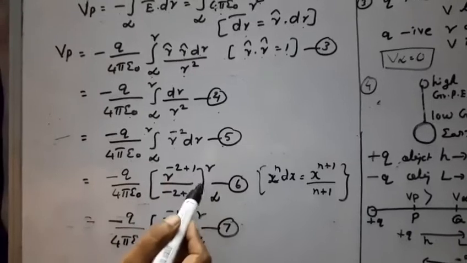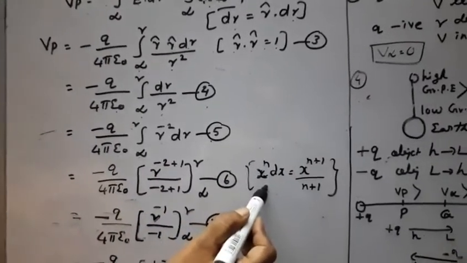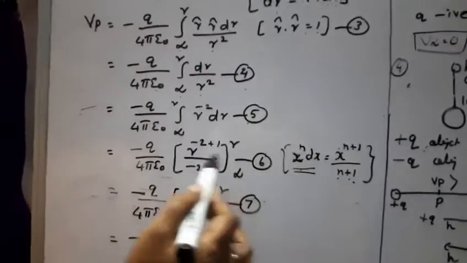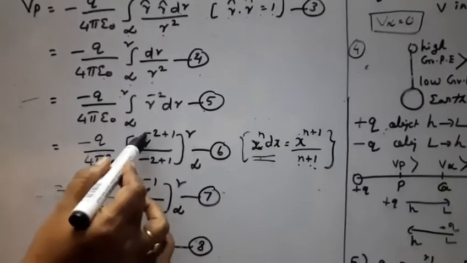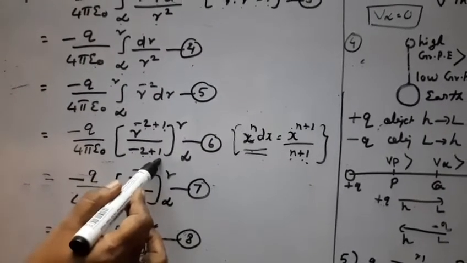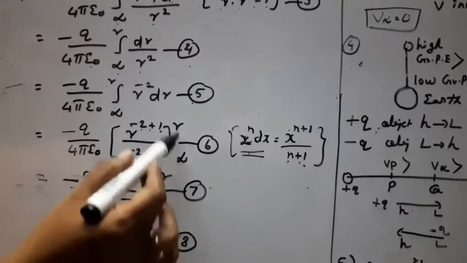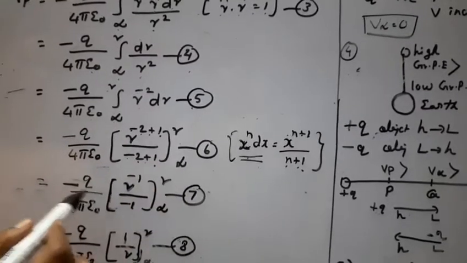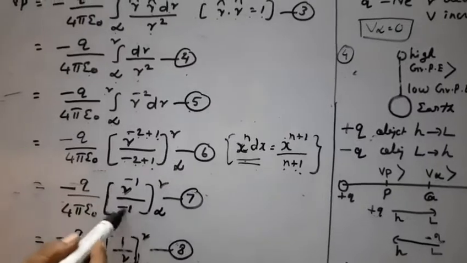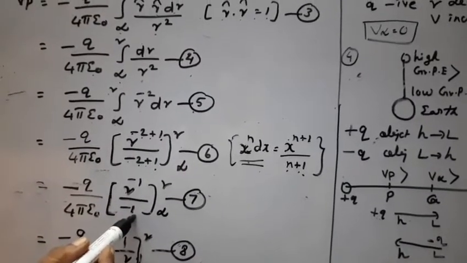Then according to the integration formula, the integral of x^n dx equals x^(n+1) divided by n+1. So here r to the power of minus 2 plus 1 divided by minus 2 plus 1, with the limits infinity to r, equation number 6. Now r to the power of minus 1 divided by minus 1 changes to 1 by r.